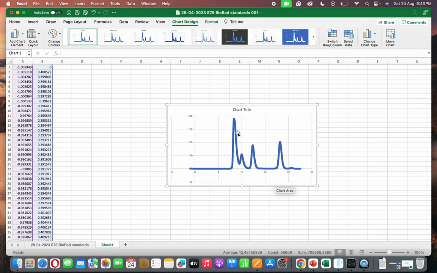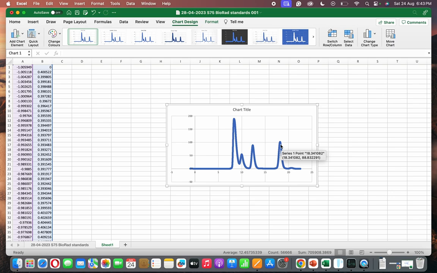So both of the first 2 proteins are coming together in this peak, which is also why this peak is much higher than the other peaks. Okay, so this is the first 2 proteins. This has 44 kDa. This is the 17 kDa, and this is the 1.3 kDa protein.